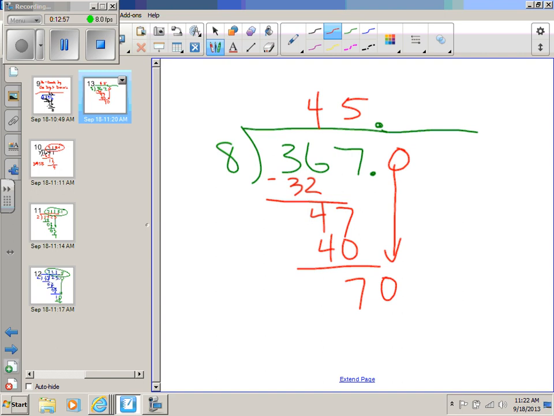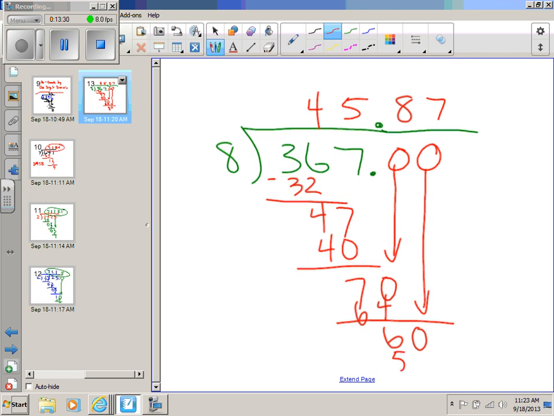Whoa, that's a lot of times. 8 times is 64. Oops. Got a 6 left. What do I do now? Another 0. 8 into 60. 7.